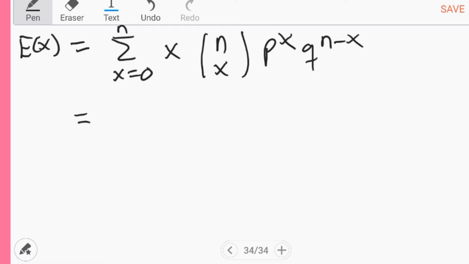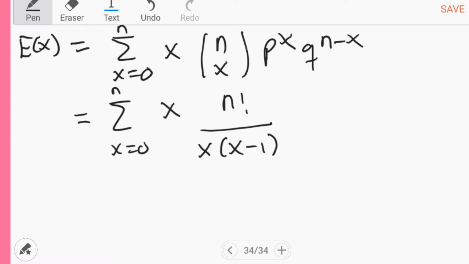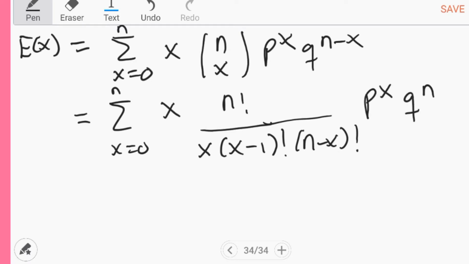Our interest is to get rid of the x so that we can use the binomial expansion theorem. So we can write this expression as x times, expanding n choose x, n factorial over x factorial times n minus x factorial, then p to the power x, q to the power n minus x.